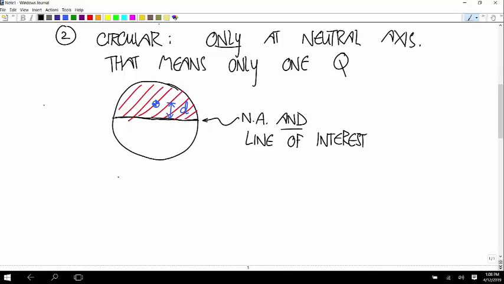well, let's figure this stuff out. So A, the shaded region area, is always pi r squared over 2. And the distance from the base of a semicircle to the centroid of a semicircle is 4r over 3 pi.